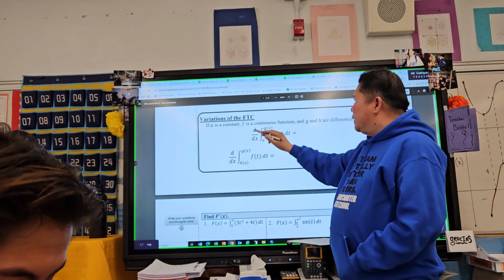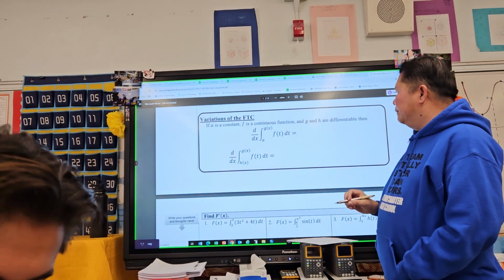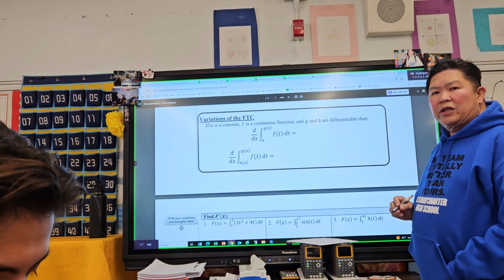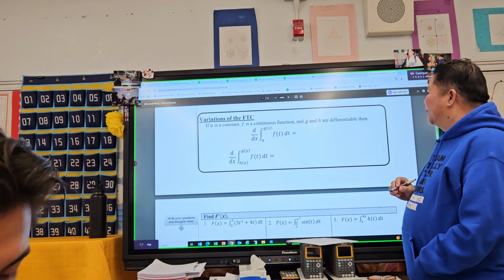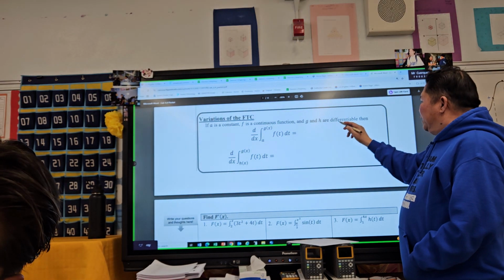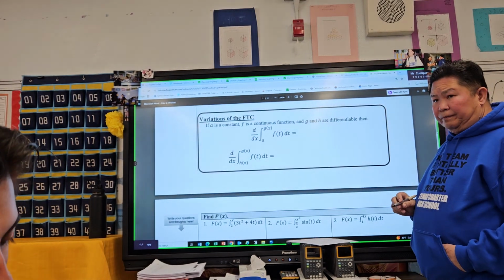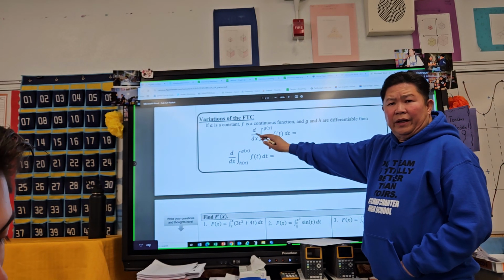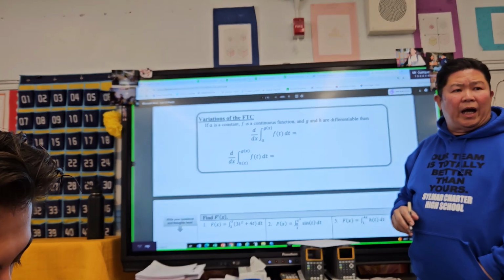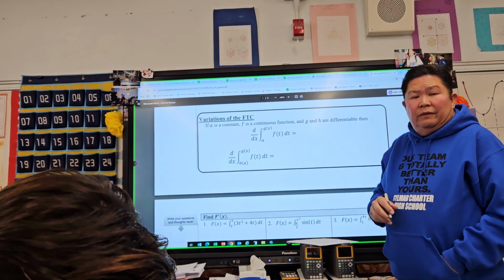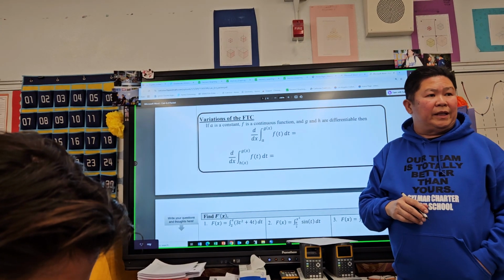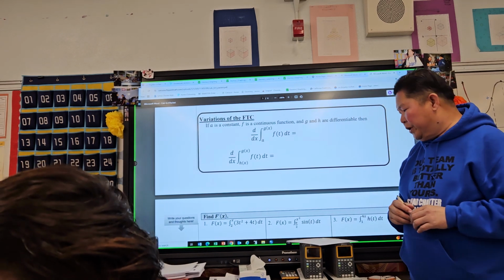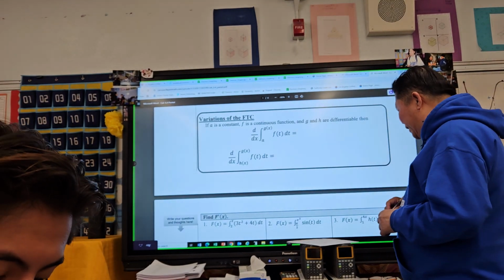If A is a constant, f is a continuous function, and g and h are differentiable, then what is this? The derivative of the antiderivative of the function f t dt is what? The original function, which is f of x.